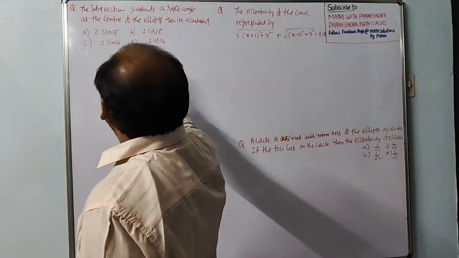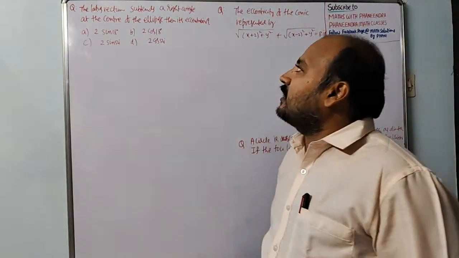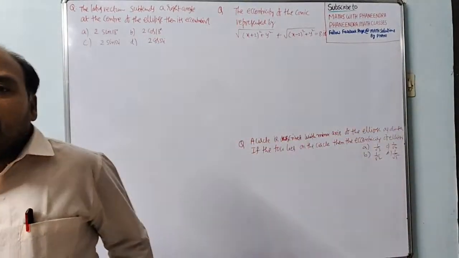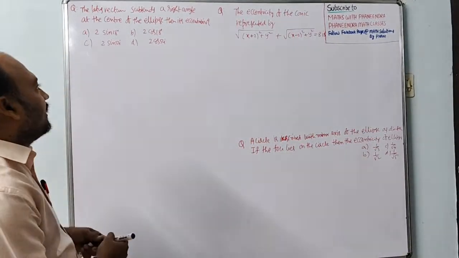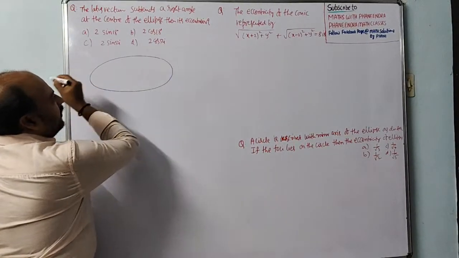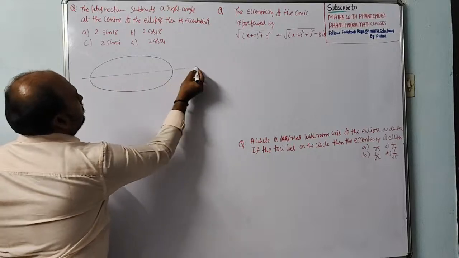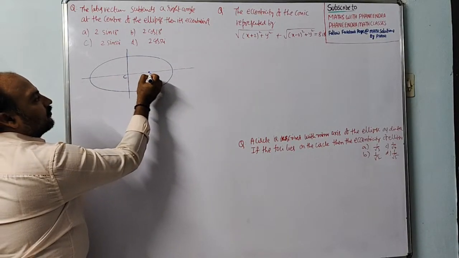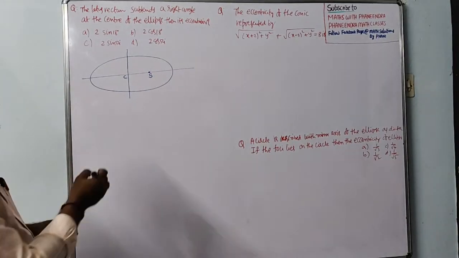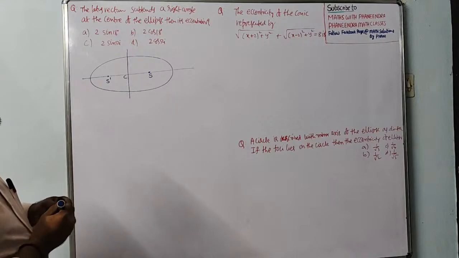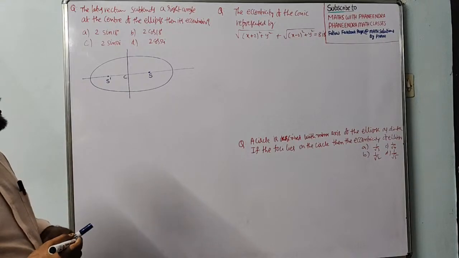The latus rectum subtends a right angle at the center of the ellipse. According to the question, surely you should draw the figure, then only you will get the idea. This is the ellipse equation, center, foci S and S dash. The latus rectum subtends a right angle at the center.